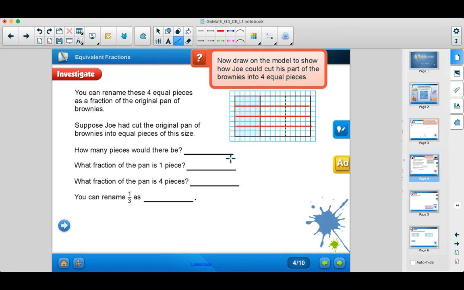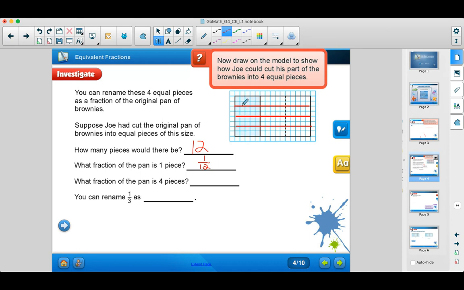How many pieces will there be? Let's count them all. 1, 2, 3, 4, 5, 6, 7, 8, 9, 10, 11, 12. There'll be 12 pieces now. Which fraction of the pan is 1 piece? 1 piece is equivalent to 1 out of 12.